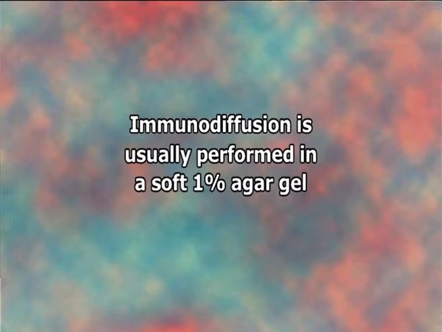As each antigen-antibody reaction gives rise to a line of precipitation, the number of different antigens in the reacting mixture can be readily observed. Immunodiffusion is usually performed in a soft 1% agar gel. Immunodiffusion is divided into two types, namely simple immunodiffusion and electroimmunodiffusion.